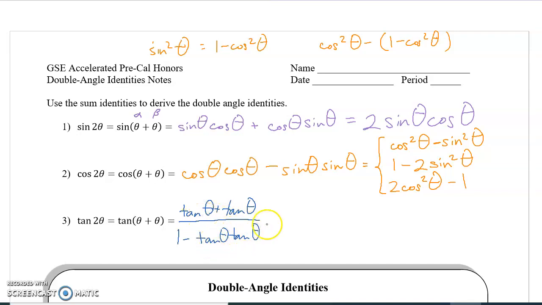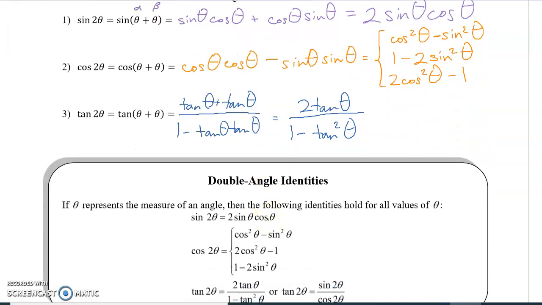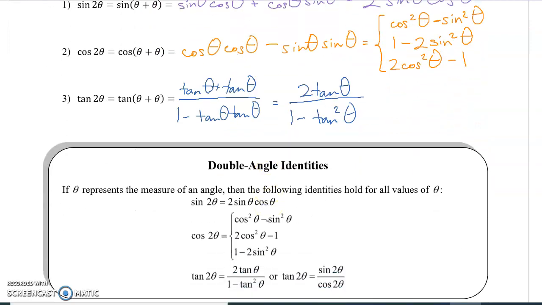On the bottom we're multiplying the 2 tangents together. So in the numerator we get 2 times the tangent of theta. And on the denominator we get 1 minus tangent squared of theta. Okay, so those are your identities. It takes only a few minutes to derive them if you know the sum identities. So that's all there is to it. And hey, look, they're all right there.